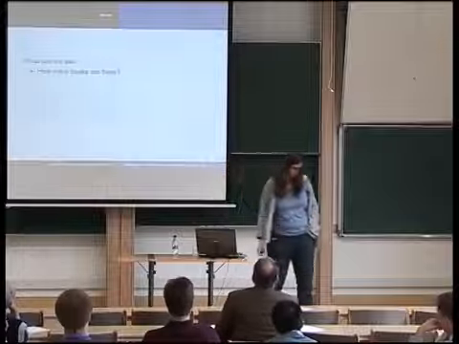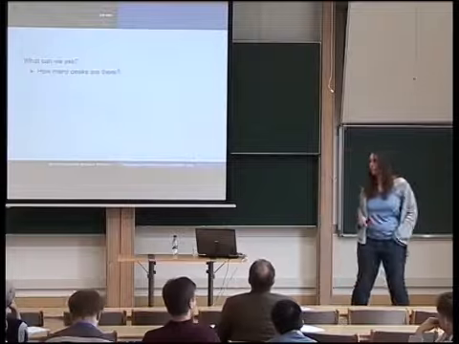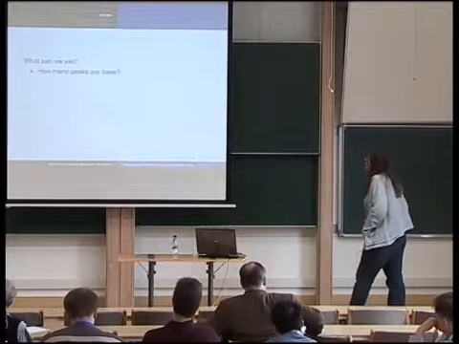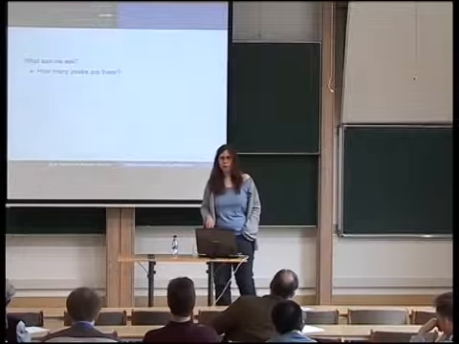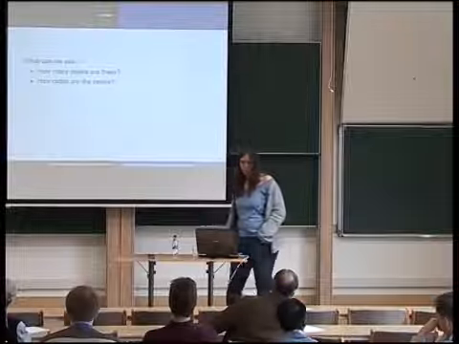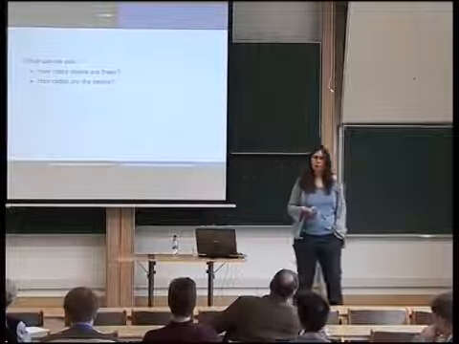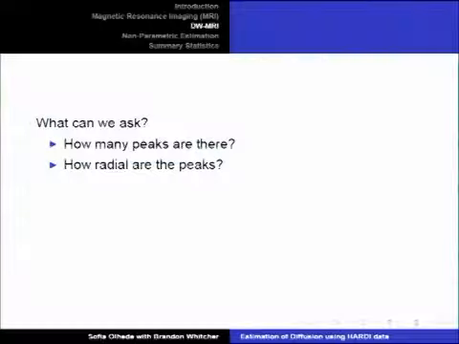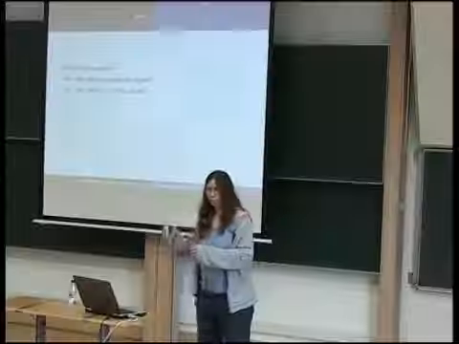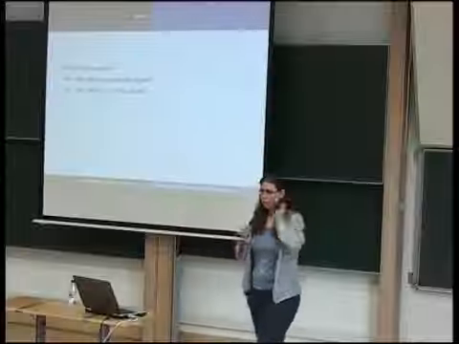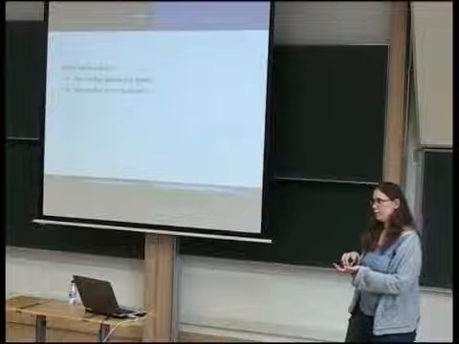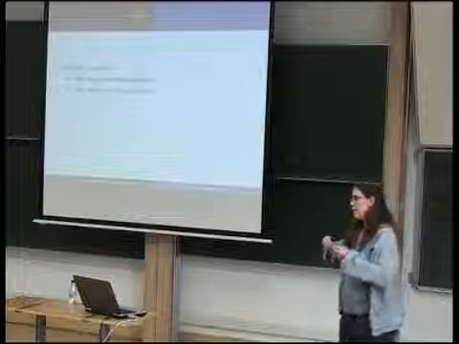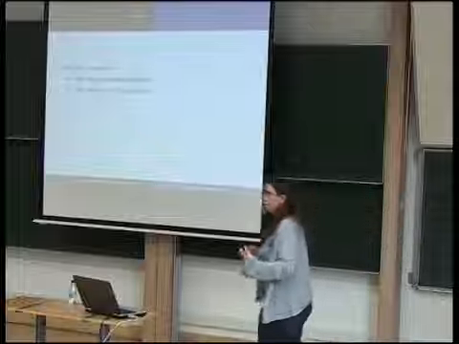So before we start dipping into the inference problem, what can we actually ask of the diffusion? Well, firstly, how many peaks are there? How many nerves are there really in your structure? And how radial are these peaks, or have they started becoming ellipsoidal? Because that is a sort of a precursor to other features happening once you start looking at lots of voxels together. Because once you start to connect the dots, you look at the estimates of local orientation and preference at each voxel, and you try to connect them all to get an idea of connectivity.